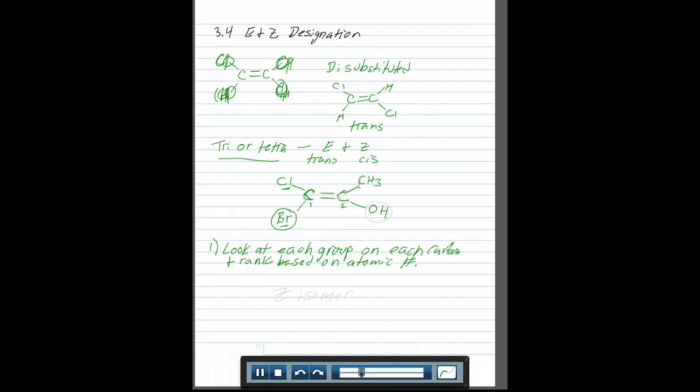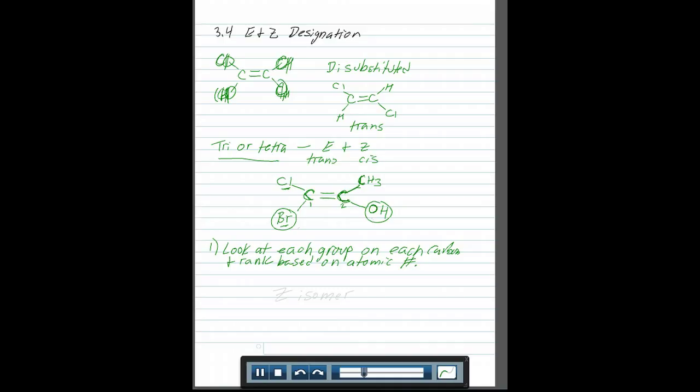Then you go to this carbon and you look at the 2 atoms that this carbon is attached to. One of them is a carbon and the other one is an oxygen. Well, the oxygen has a higher atomic number than the carbon. You ignore everything else. You're just looking at the atoms directly attached to it. So the oxygen gets the priority.